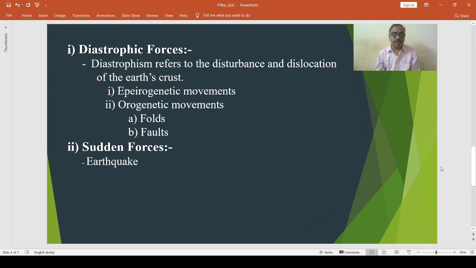Causes of earthquakes: elastic rebound theory, volcanicity, anthropogenic causes, plutonic earthquakes, isostatic earthquakes, then the effects of earthquakes. Earthquakes bring about several changes.